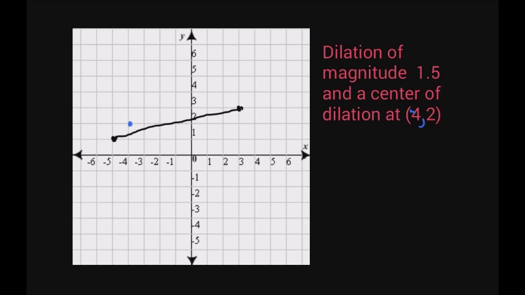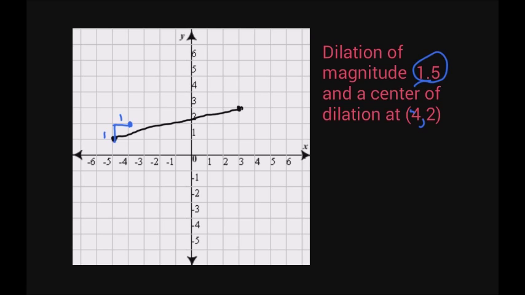What I do for this is I start at my center and I look how far I go. So here I'm going left 1, down 1. So that's going to be 1 and 1, and I'm going to multiply that by my magnitude of 1.5. So that's going to be 1.5 for both. Start at the same point.